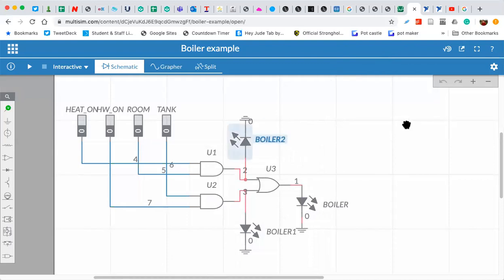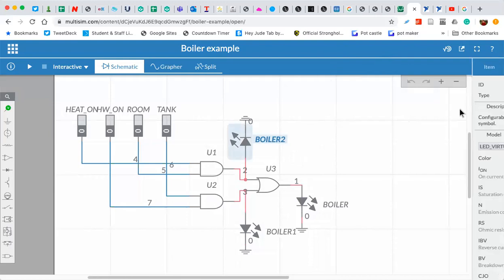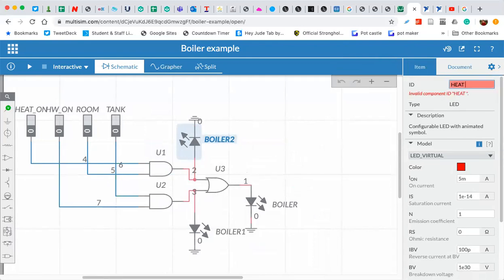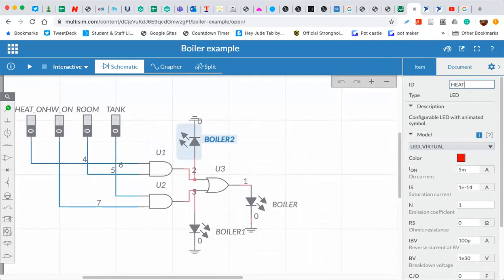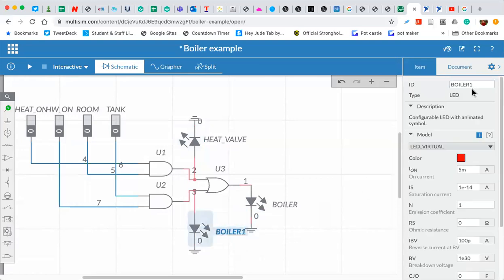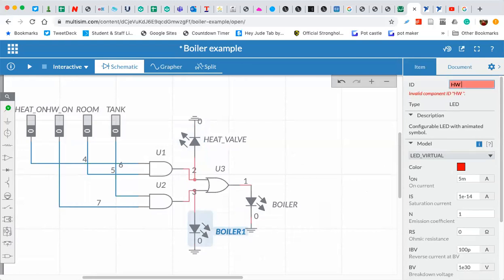So this one should be... You can't have spaces. And that one, hot water valve.